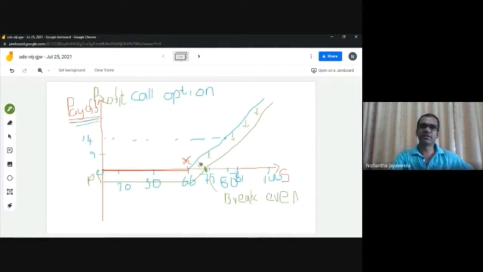What would be this break even point? The spot price should equal the premium plus the strike price. At that point only, you break even. You don't make a loss, you don't make a profit. When the price increases beyond that break even point, you start to make profit.